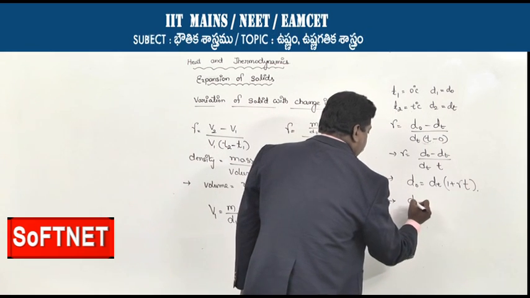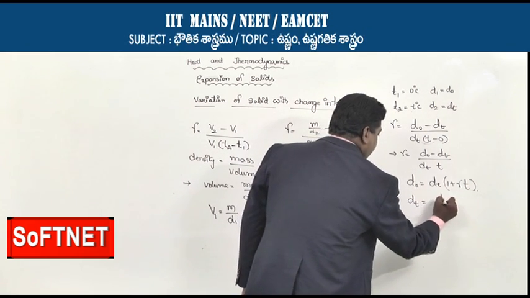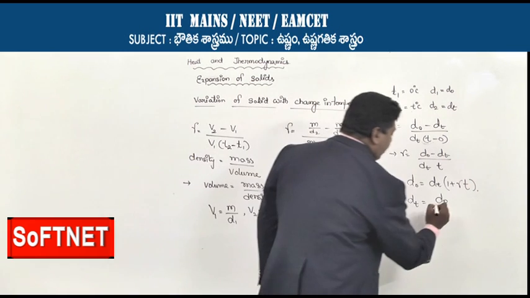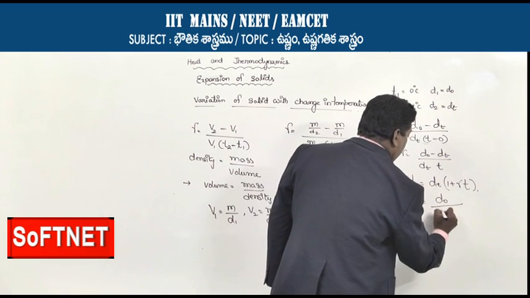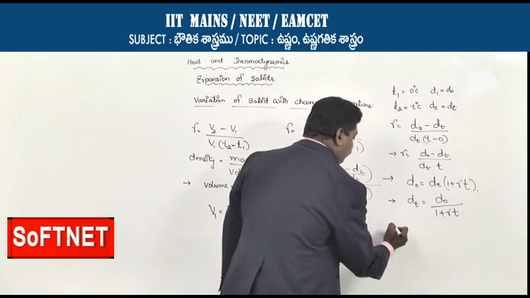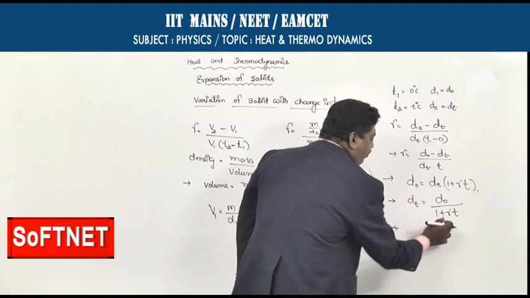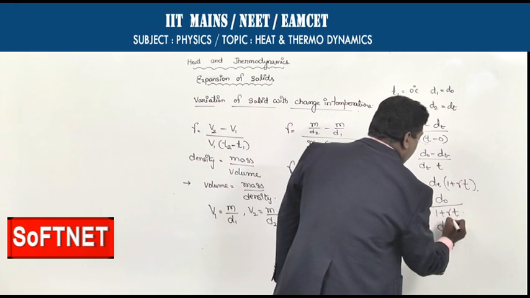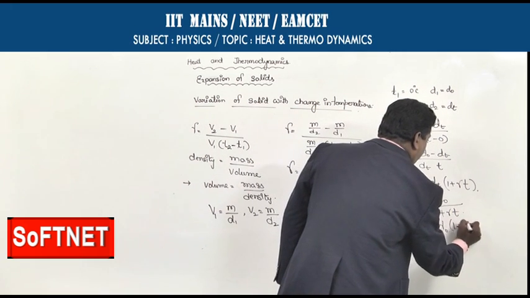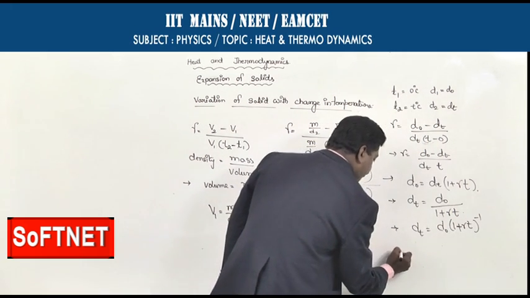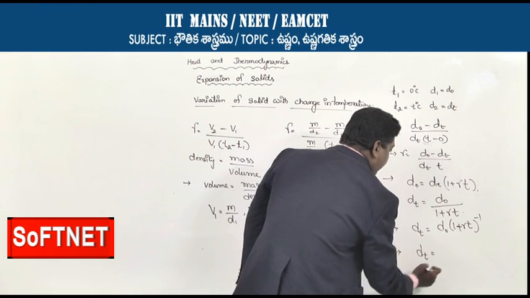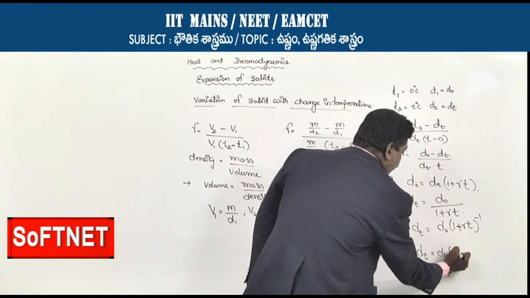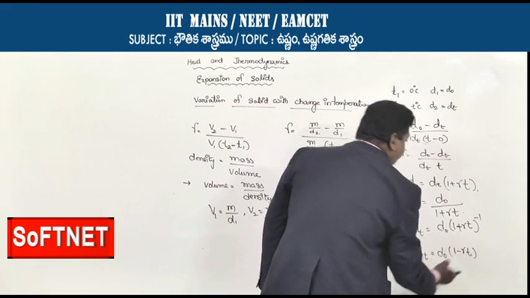And dt is given as, density at a given temperature dt is given as d0 by (1 plus gamma t). When you take 1 plus gamma t into the numerator, we are having d0 into (1 plus gamma t) whole to the power of minus 1. So that dt is equal to d0 into (1 minus gamma t).